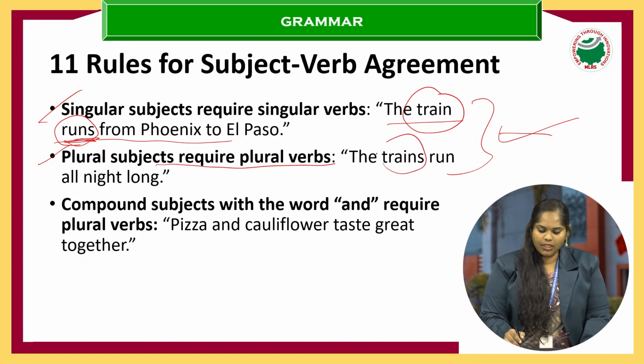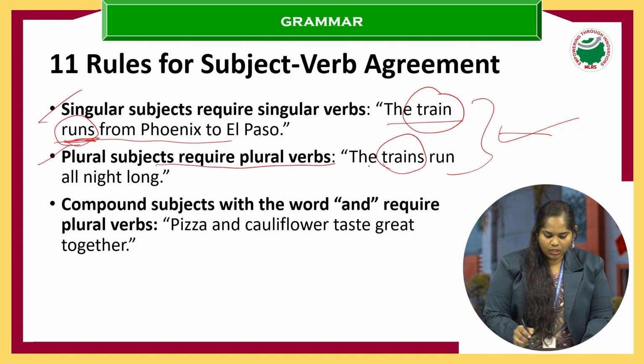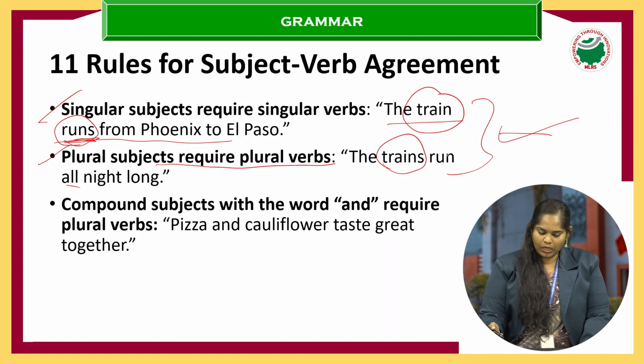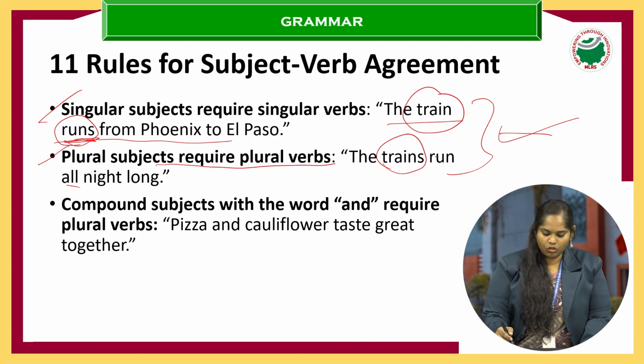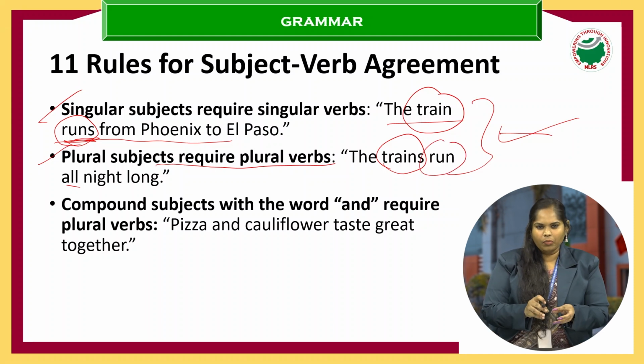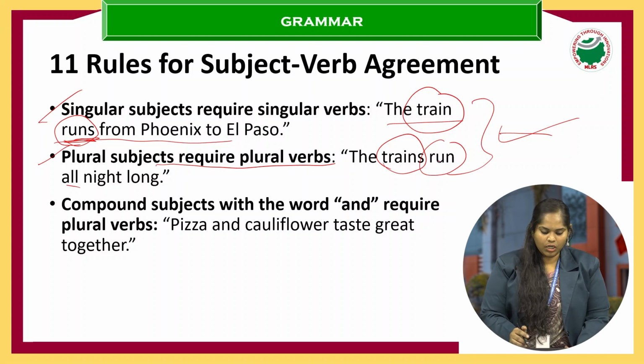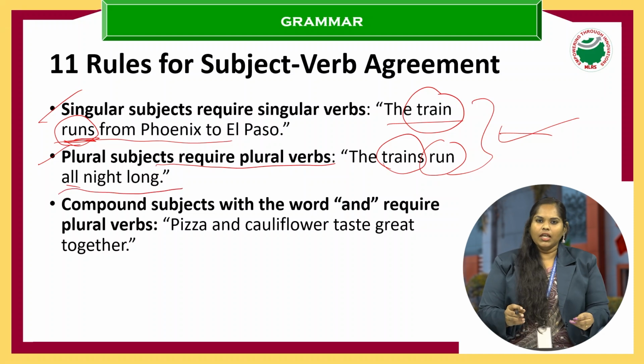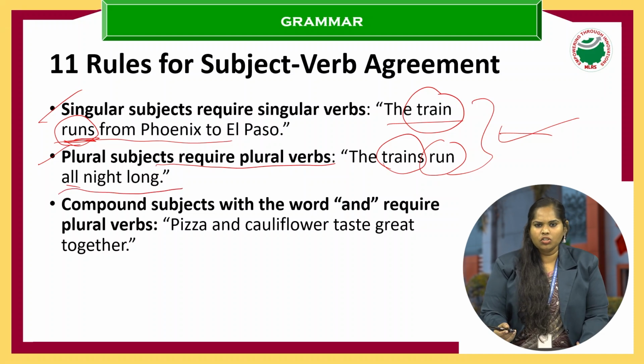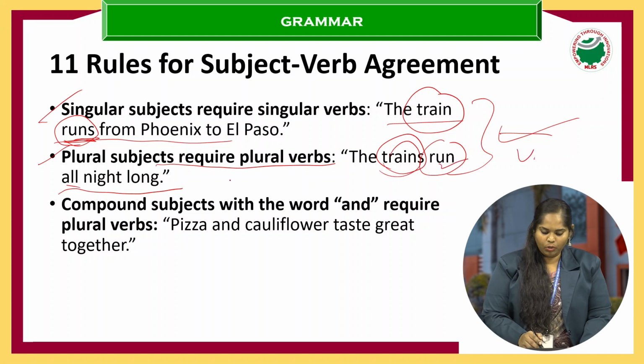So for plural, the trains often run; the trains run all night long. Here "run" is the simple, basic, normal verb, not V1 with an s. You can't use "ran" because it's a general statement, not an action. Even if it is a train, we only use the normal verb, which sounds like a plural form sometimes.